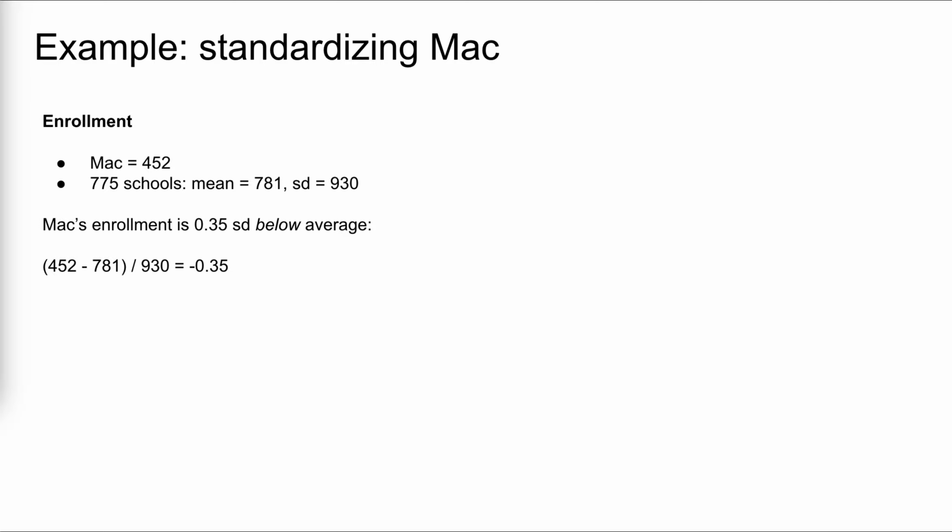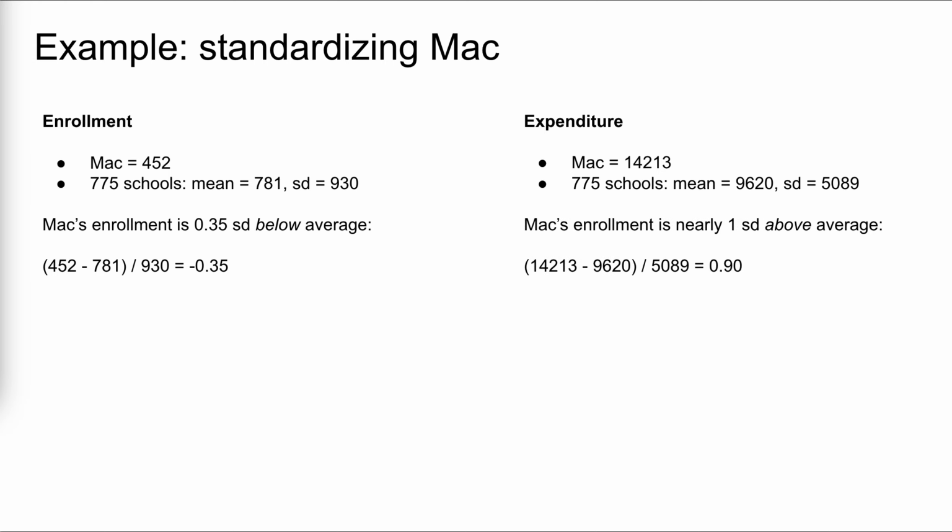Subtracting this mean from Mac's data point and then dividing by the standard deviation indicates that Mac's first-year enrollment is roughly 0.35 standard deviations below average. Similarly, when comparing Mac's per-student expenditures to those of all 775 schools in our sample, we learn that Mac's expenditures are nearly 1 standard deviation above average.